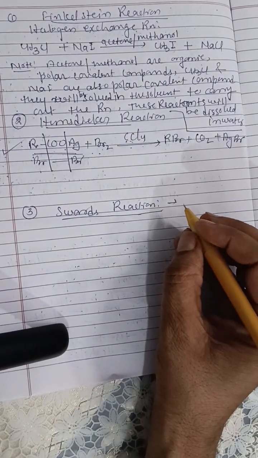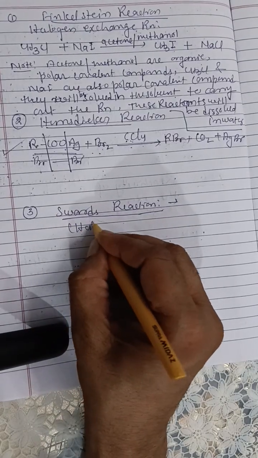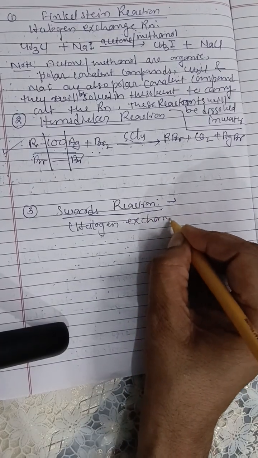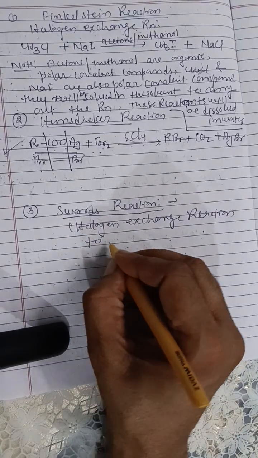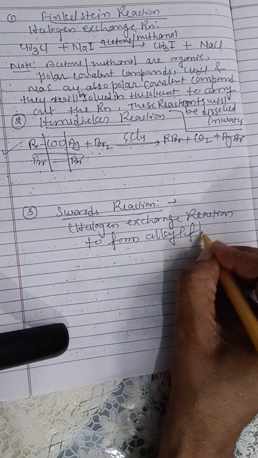Next will be Swarts reaction. It is also a halogen exchange reaction, to form alkyl fluoride.